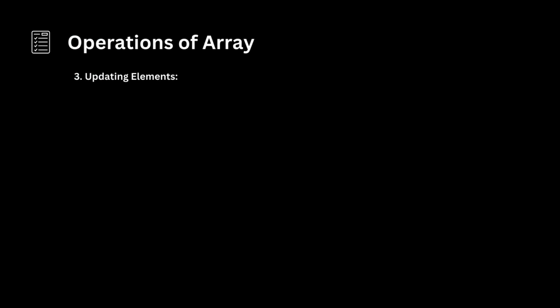The next operation is updating elements, modifying the value of an element at a specific index. Updating element. myArray[2] refers to the third element of the array. In C, array indices start from 0. We already know this. So myArray[2] represents the third element at index 2. Assignment. myArray[2] = 10. This assigns the value 10 to the third element of the array.